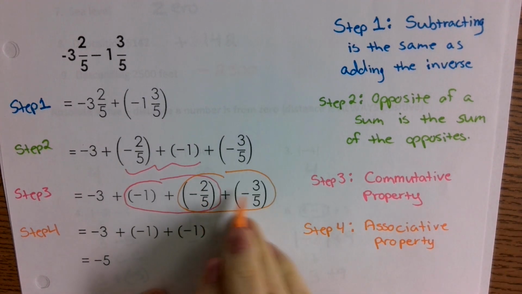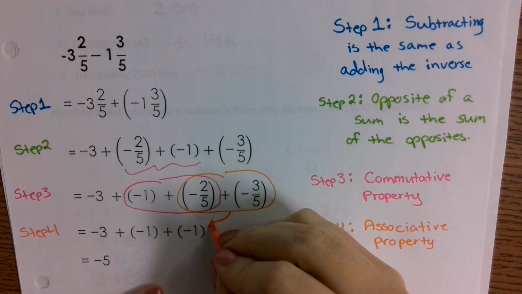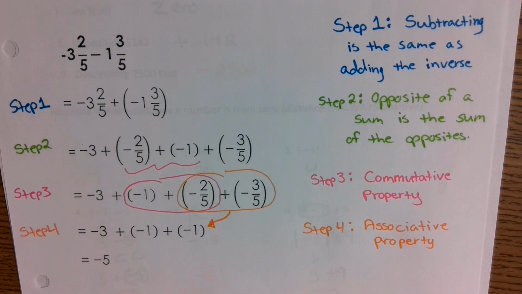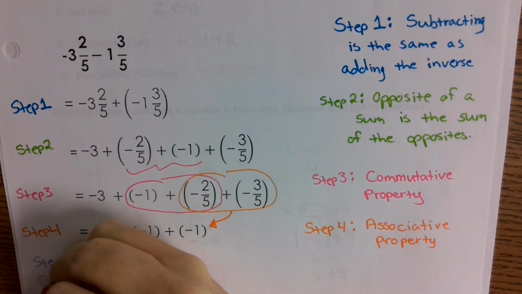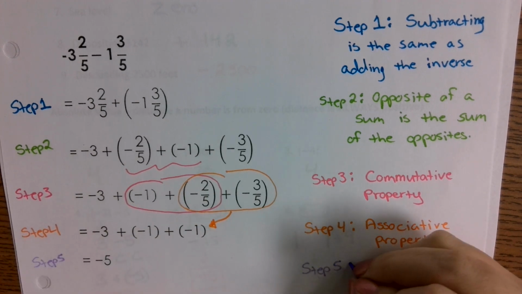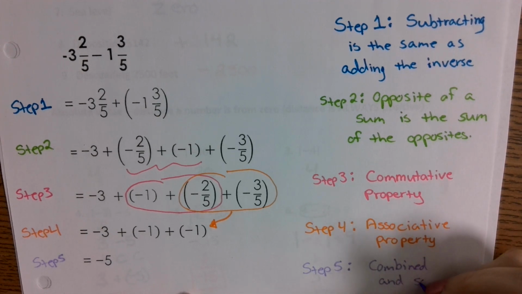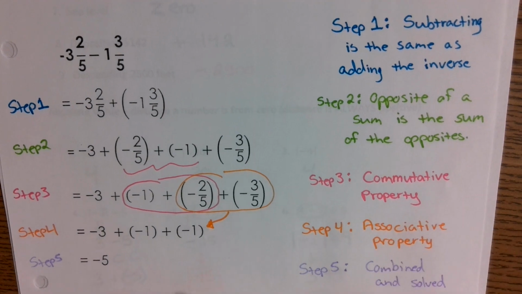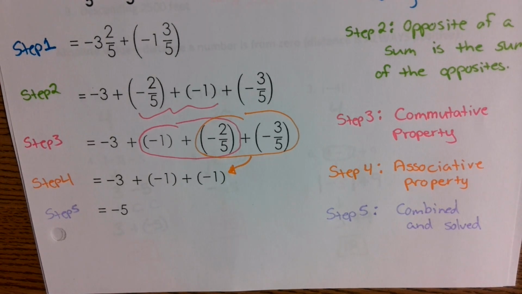Because these are no longer negative 2/5 plus negative 3/5, it now becomes a negative 1. And after that, you're just going to go ahead and finish solving. So step 5, you combine and solve. Step 5 is just to combine and solve. Okay?